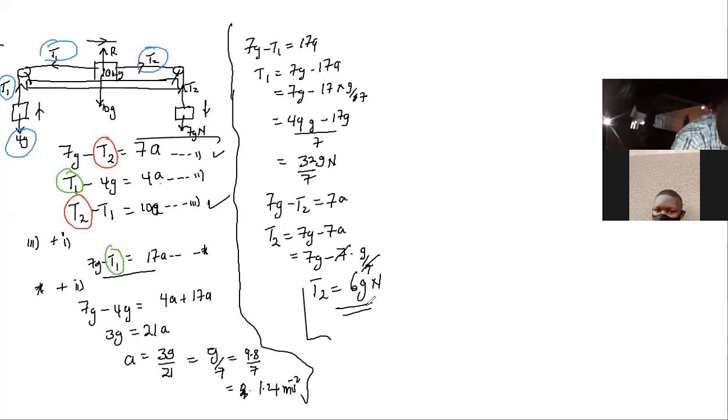Let me see. A body, or a body A, rests on a smooth horizontal table.